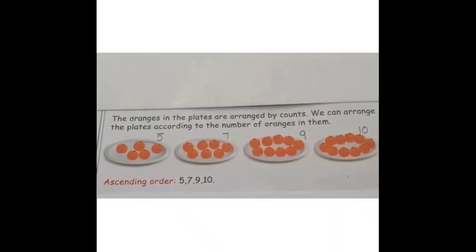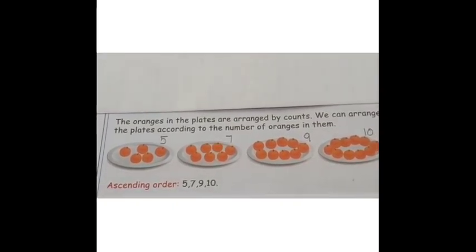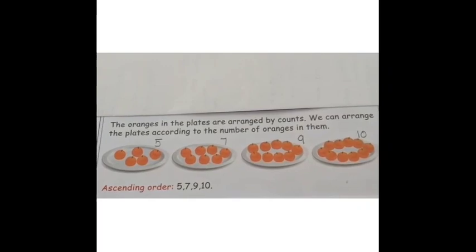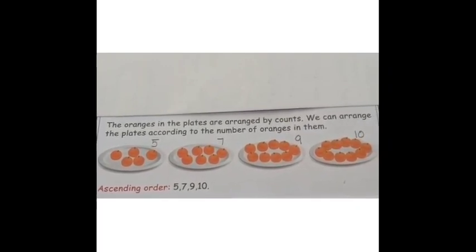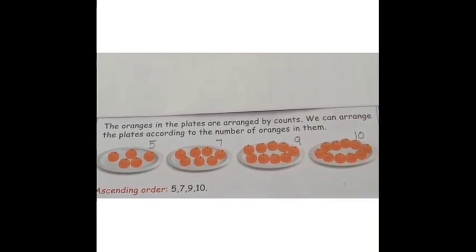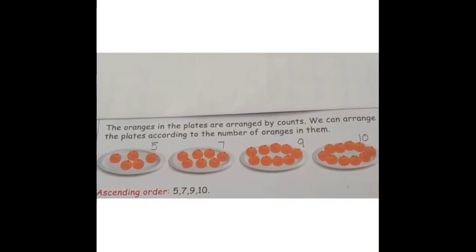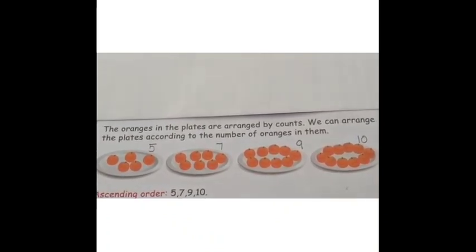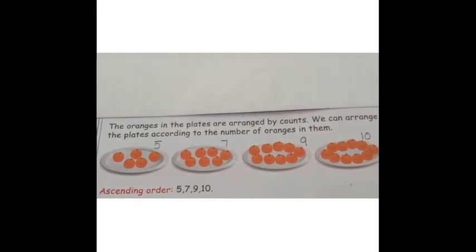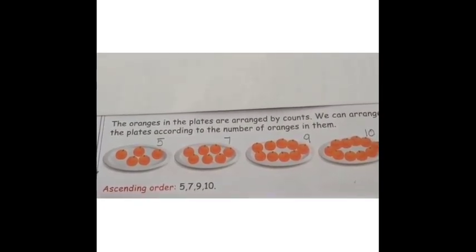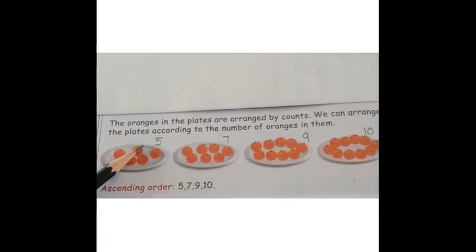Let's see another example for ascending and descending order using oranges. The oranges in the plates are arranged by counts. We can arrange the plates according to the number of oranges in them. How many oranges are there in the first plate? Yes, there are 5 oranges.